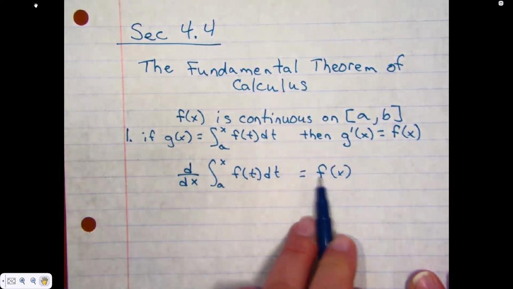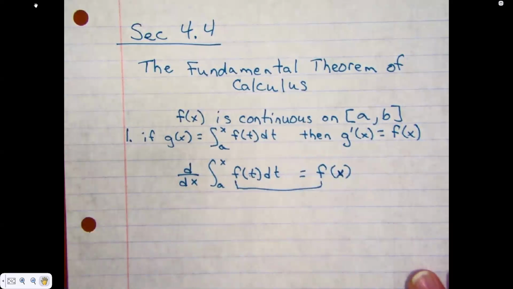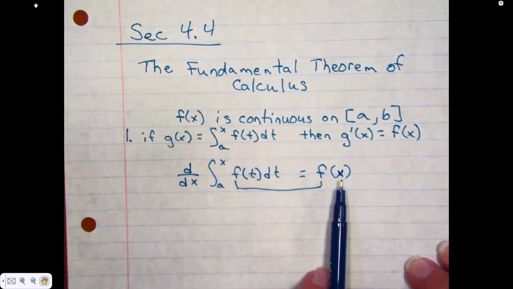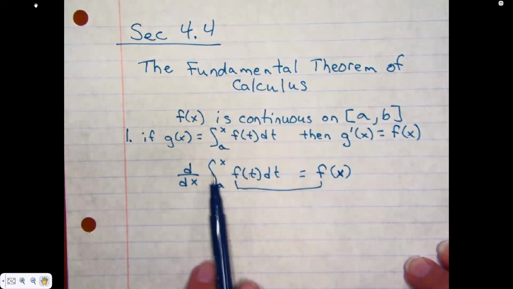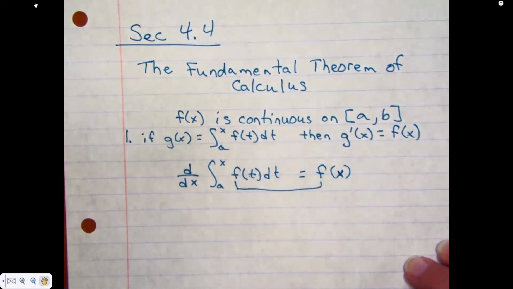But this f and this f are the exact same thing. This one is going to have t's in it, and your final answer is going to have x's in it. If you take the integral and then the derivative, you're right back to where you start. And that's what we're going to focus on today.